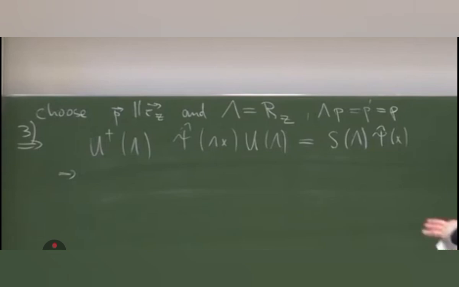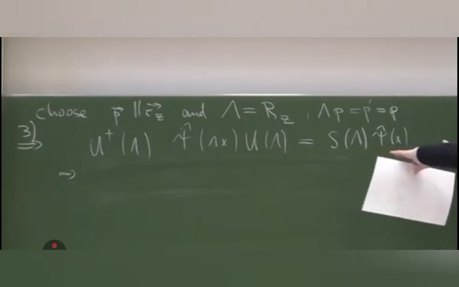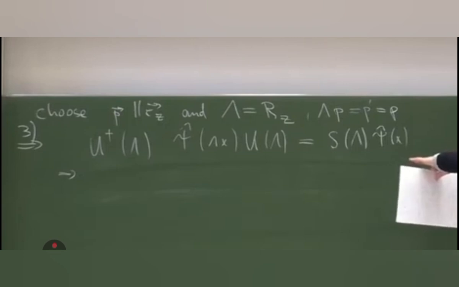And then again, this equation must be valid for each Fourier mode, and it must be in particular valid for the Fourier mode in front of that sum on the upper blackboard.